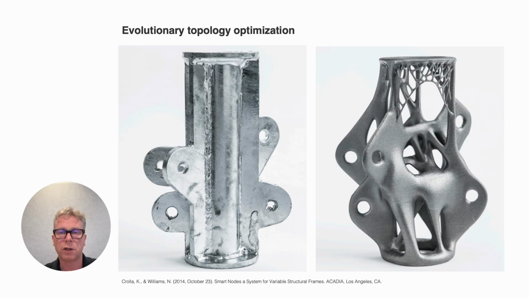The result is a structure where more material is concentrated in areas requiring strength and less material is used where it isn't needed. The outcome often looks organic or skeletal. It optimizes both weight and strength automatically. These optimized forms can then be 3D printed in metal, translating generative computer processes into physical outcomes.